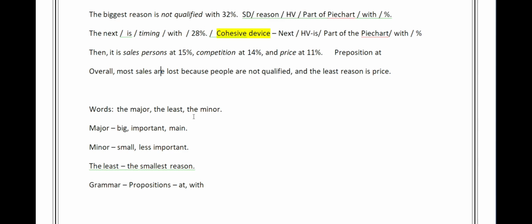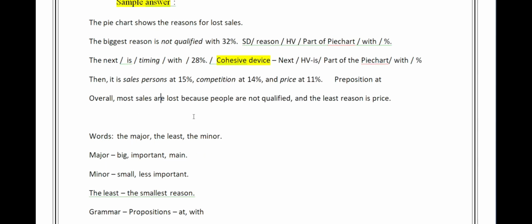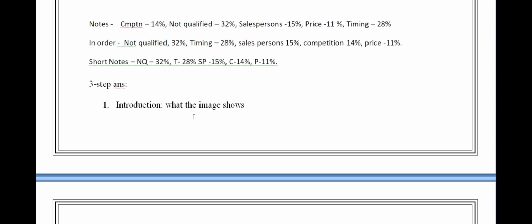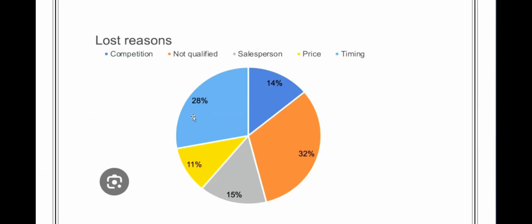What is the grammar we have studied here? It is the prepositions at and with. Revise the sample answer one more time. Keep the picture on your screen and try to say the sample answer either in the way we have taught you, or make your own sample answer. This is a good way of learning. Okay then, happy learning.